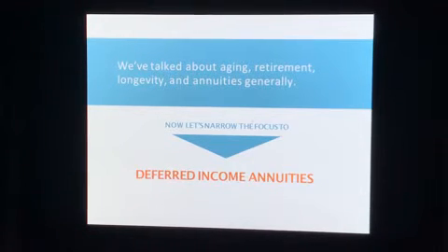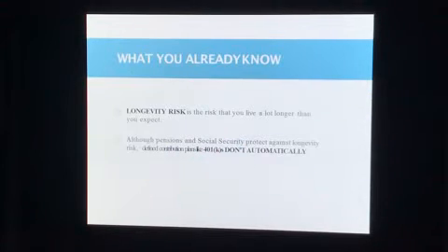We have talked about aging, retirement, longevity, and annuities in general scenarios in the previous week. We have already discussed that the risk that you live a lot longer than you expected is called longevity risk.